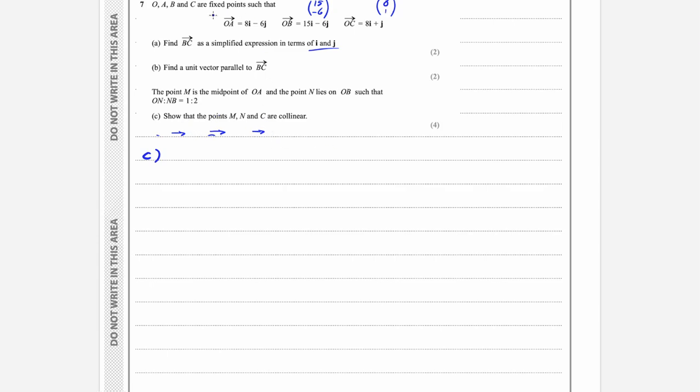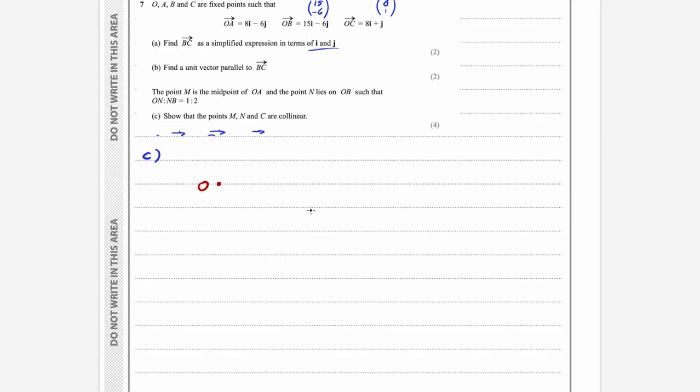Okay, so definitely, guys, just to get my head around this, I want to draw the situation. So let's say this is O, and OA is 8, negative 6.